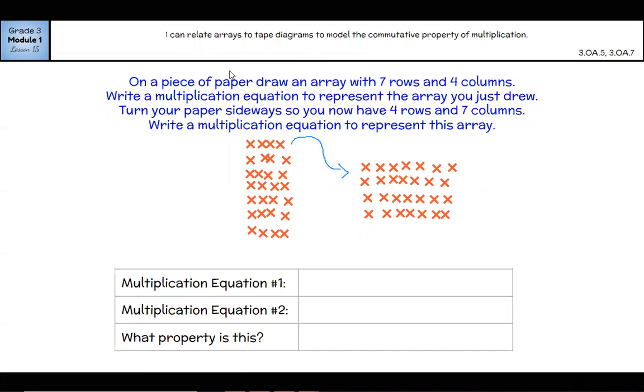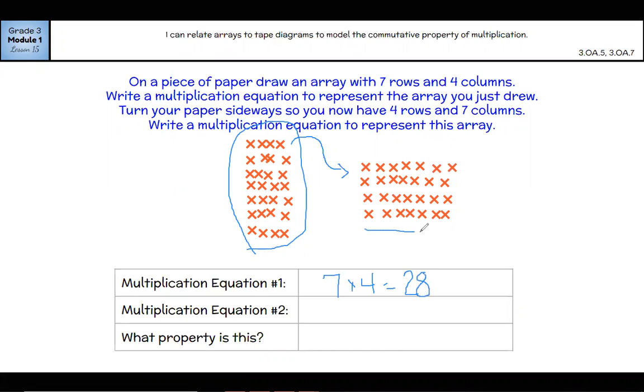So if I look at equation 1, which is this one, this shows 7 rows of 4. So 7 groups of 4. So if I were to skip count this, I can go 4, 8, 12, 16, 20, 24, 28, because I know how to skip count by 4s, right?